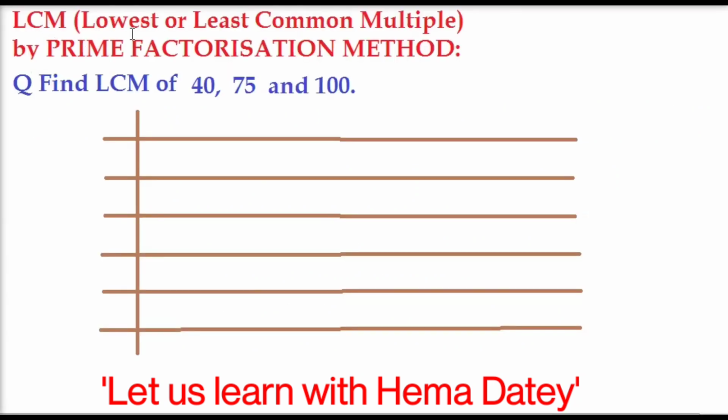Now let's find the LCM of 40, 75 and 100. We write these numbers in one column and we keep sufficient distance between all the three numbers, 40, 75 and at some distance 100. Here also we'll divide all the three numbers only by prime numbers.